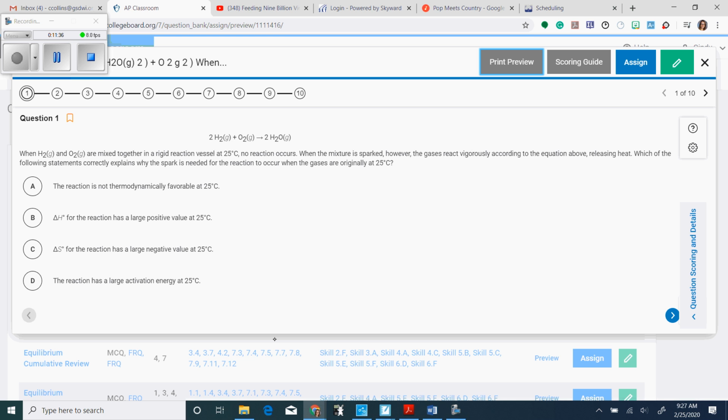Go into your AP chemistry class. Your College Board class. They made you make like a difficult password, so it's like that.